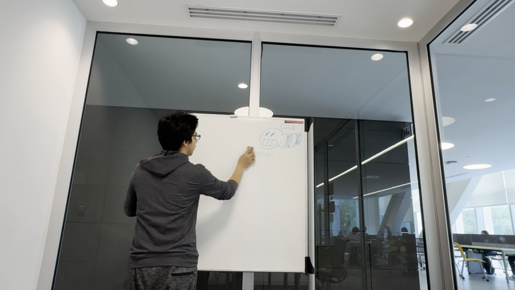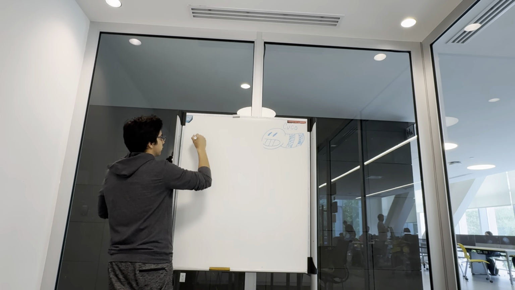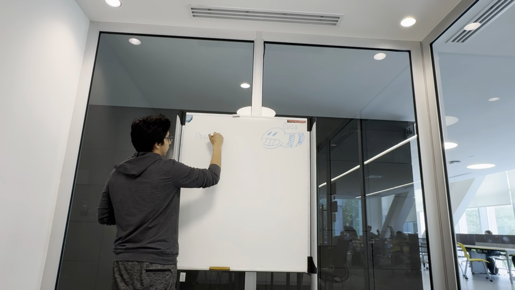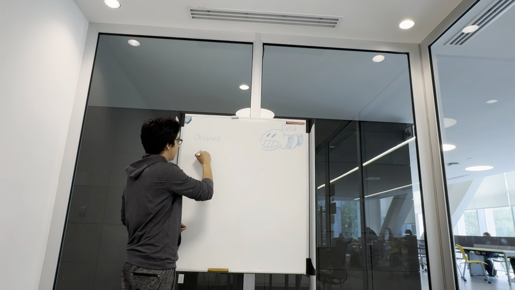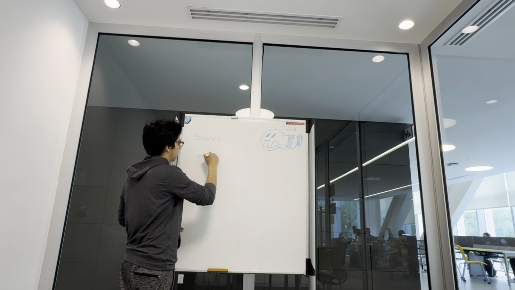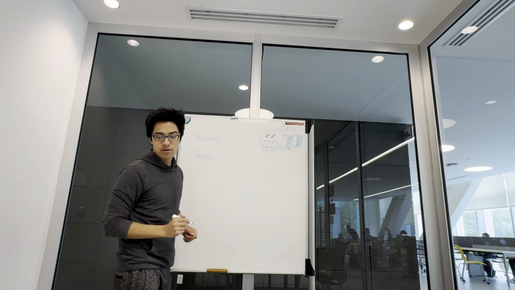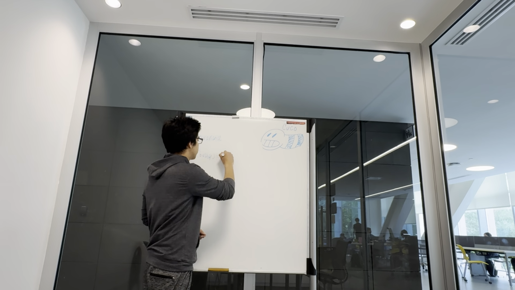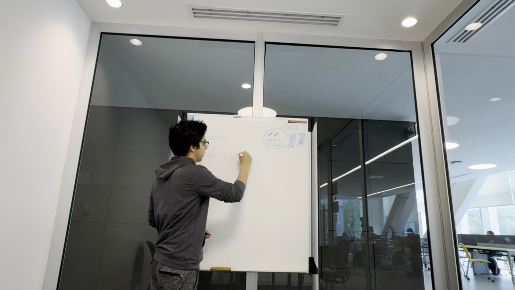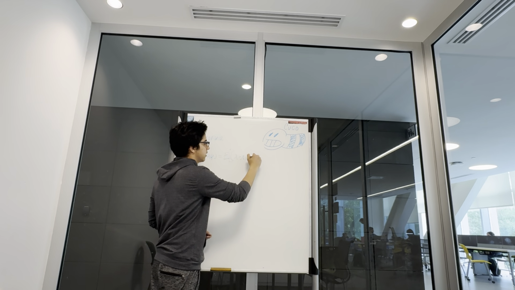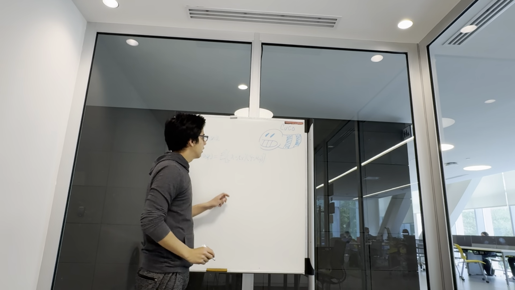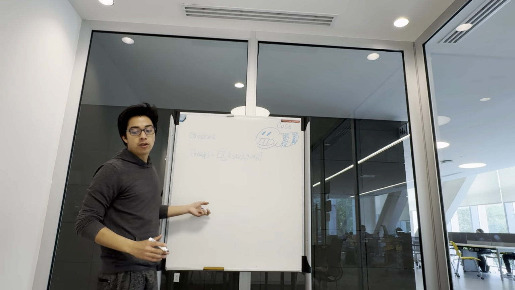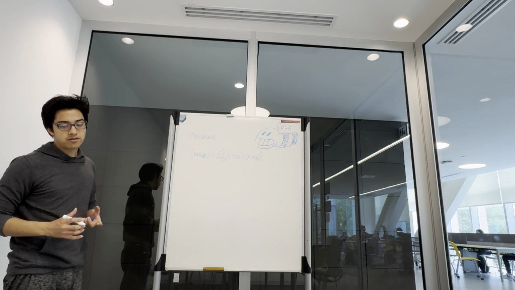The first one is called covariance, and this is represented as covariance of xy is equal to the expected value of x minus the average of x, times y minus the average of y. And this will give us the covariance of all these results.